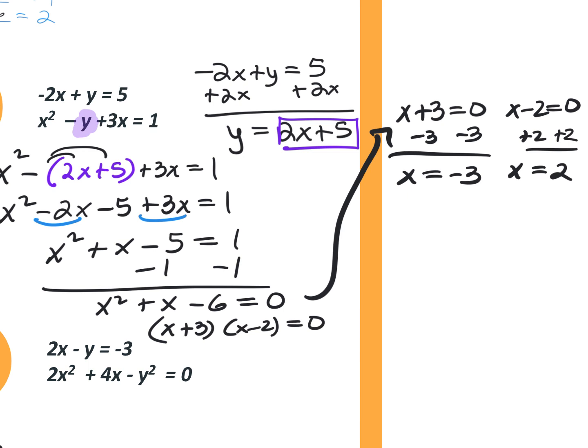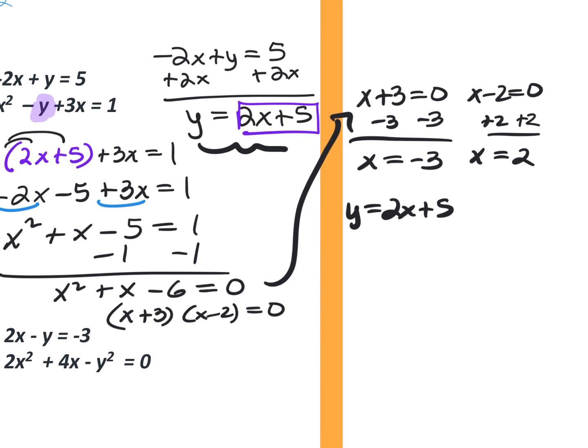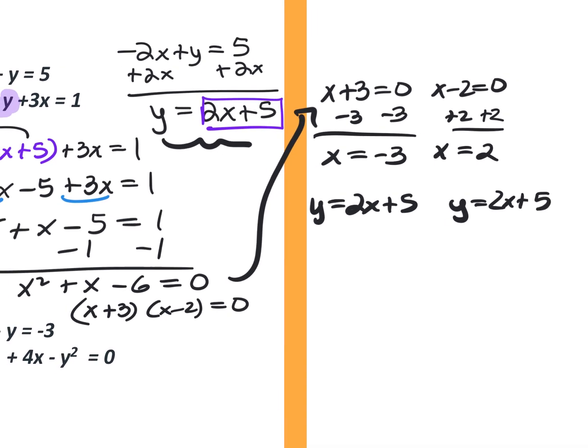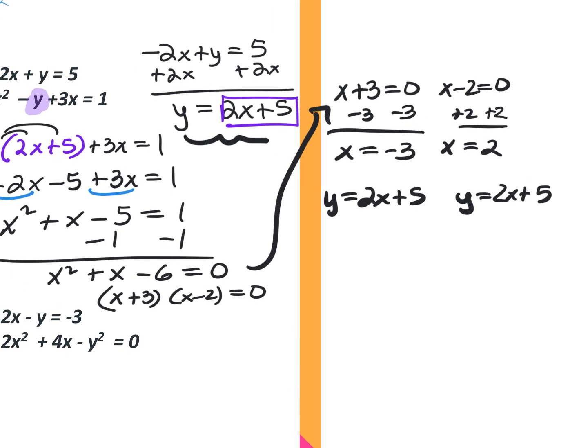And I'm going to use my rearranged because, again, I've already got what y is all by itself. So I'm going to take y equals 2x plus 5, and I'm going to use it twice, one for each of the x values I just found. So I'll do it for this one first.